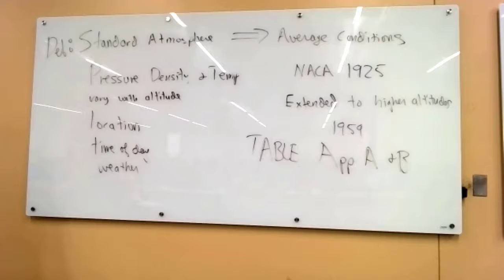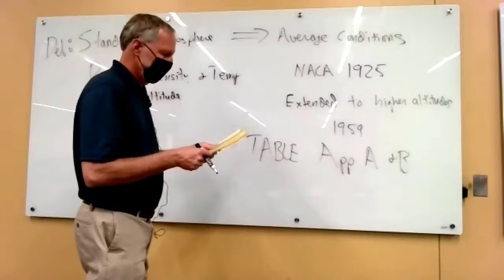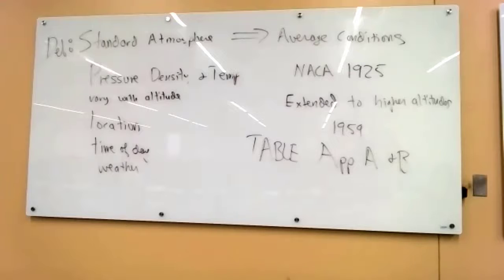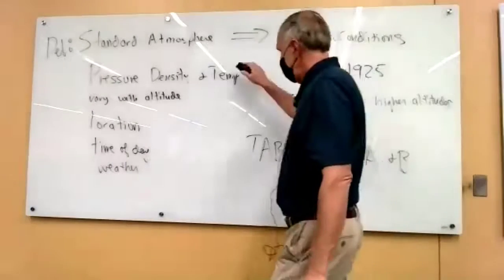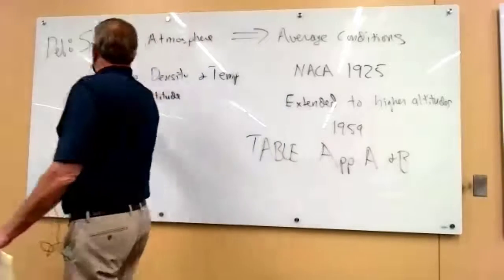There's Appendix A, which is metric in kilometers and meters, and then Appendix B, which is in English units. All right, so what does the atmosphere look like? Standard atmosphere at altitude. So we're still going to say it's going to vary with altitude.